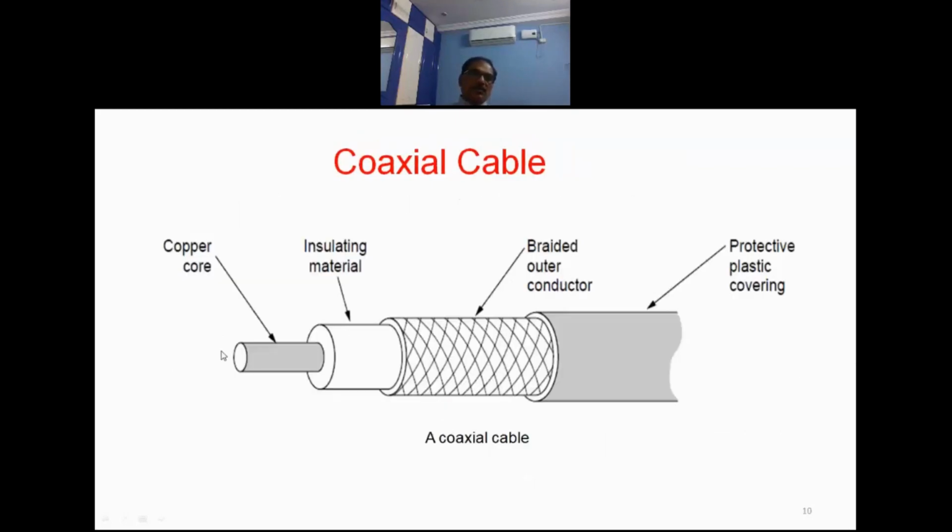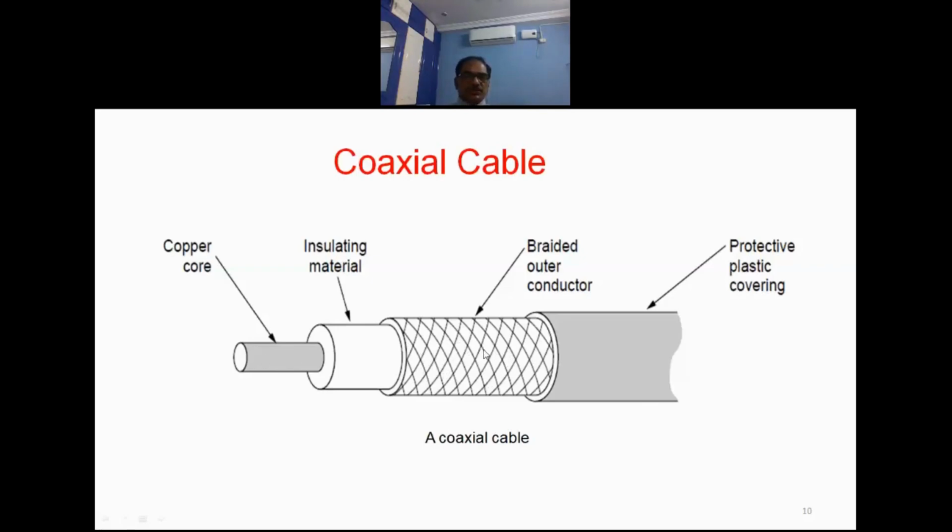To see this, the copper core is the main conductor, the signal carrying conductor. Around this we have the insulator material. Around that, the braided mesh is wrapped around the insulating material, which protects the copper core from external interference, because it covers all sides of the copper core.